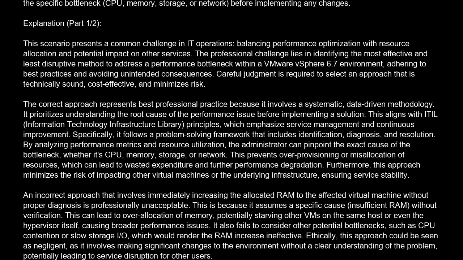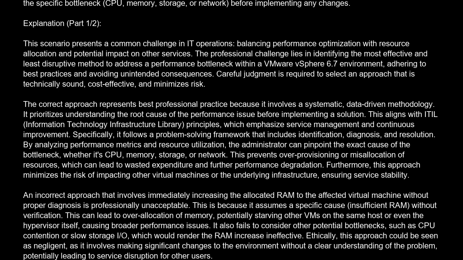An incorrect approach that involves immediately increasing the allocated RAM to the affected virtual machine without proper diagnosis is professionally unacceptable. This is because it assumes a specific cause, insufficient RAM, without verification. This can lead to overallocation of memory, potentially starving other VMs on the same host or even the hypervisor itself, causing broader performance issues.